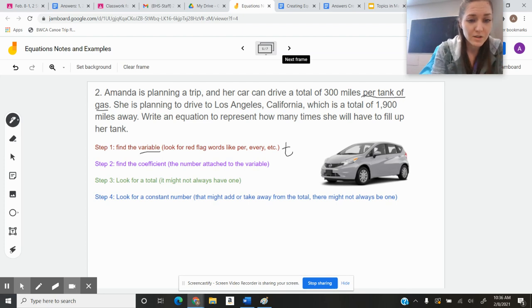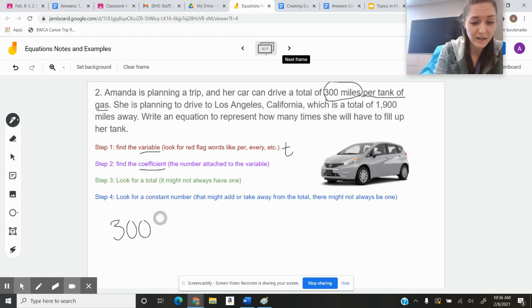She is planning to drive to Los Angeles, California. Okay, I need to find the coefficient, the number attached to the variable. Our coefficient is this 300 right here, right? I'm taking my tanks of gas times 300 to figure out how many miles I can go. So 300 times T is probably going to be somewhere in my equation.